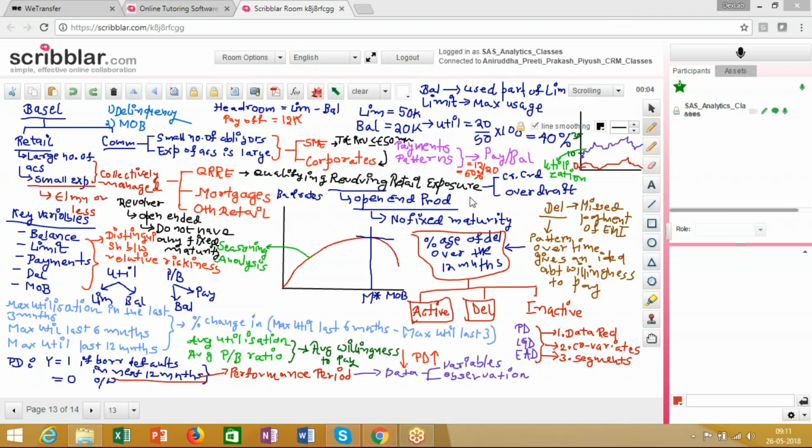Okay. So as I was saying, banks borrow from the low risk segment and they lend to the high risk segment. What is the low risk segment that we are talking about over here? The depositors, right?